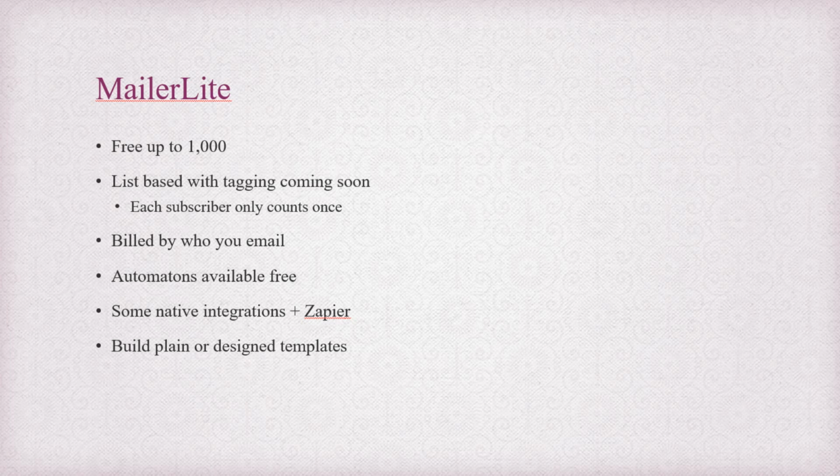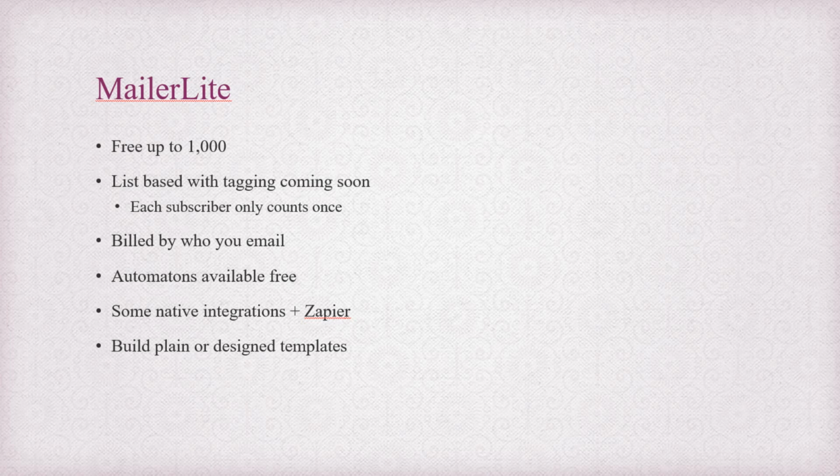So that basically means that you can connect MailerLite to like WordPress or Stripe, Trello if you wanted to, any kind of application like that. I think Zapier has over 750 available applications to link between each other through their service.